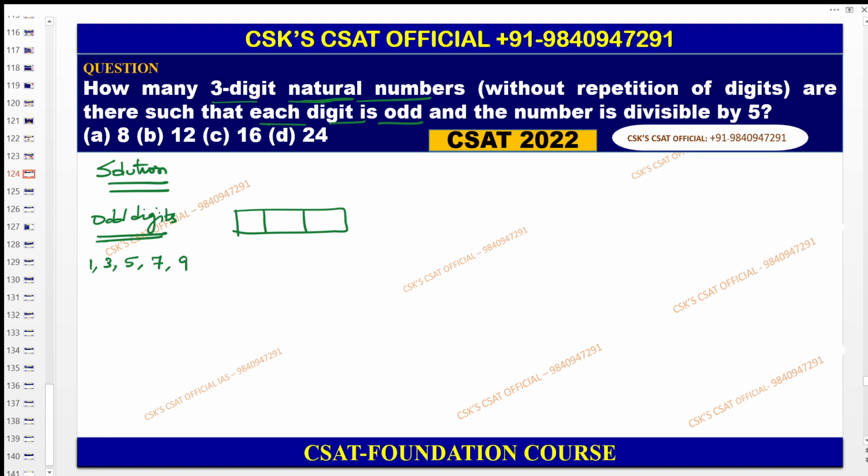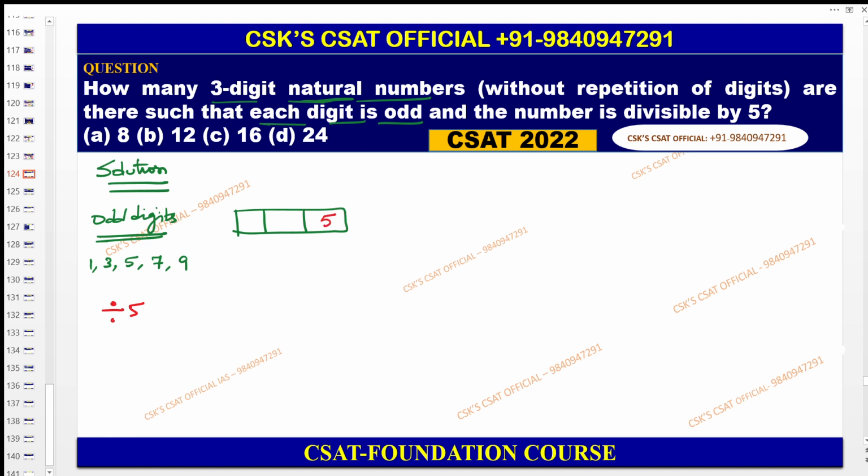Got it. Now with these 3 digits, you can go with the next statement: the number is divisible by 5. That is also a constraint. The number being divisible by 5 means always remember, surely the unit place is going to be 5.